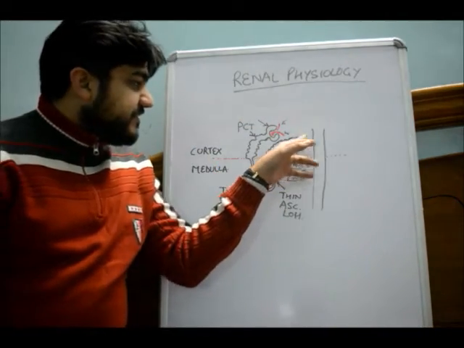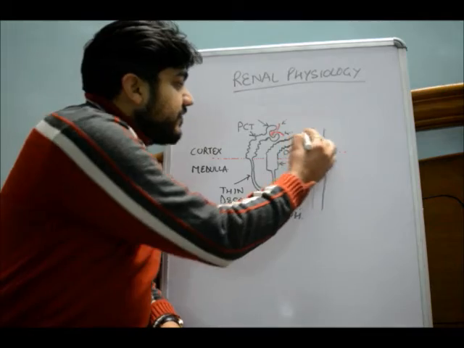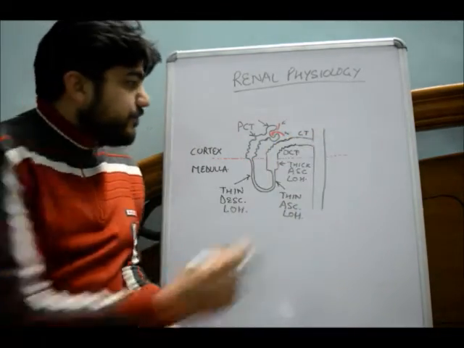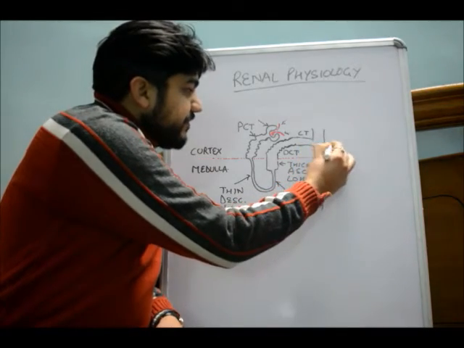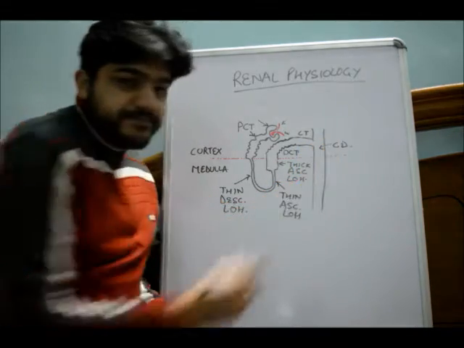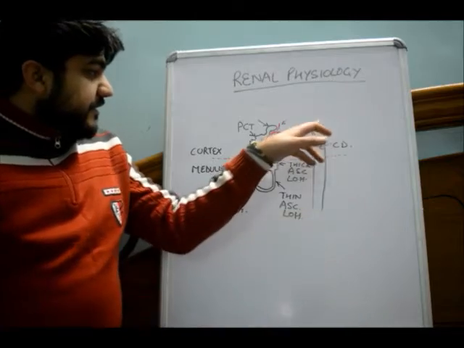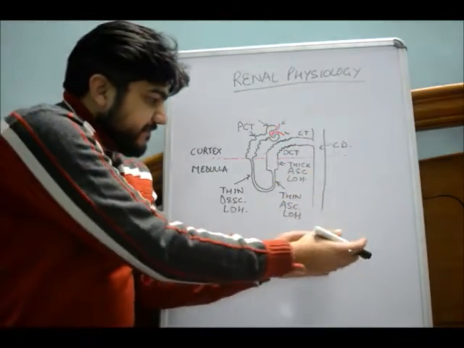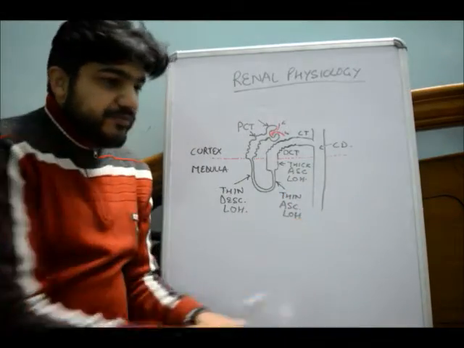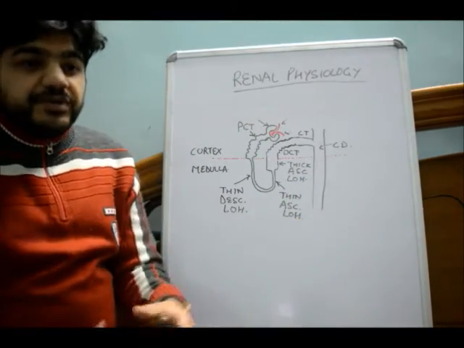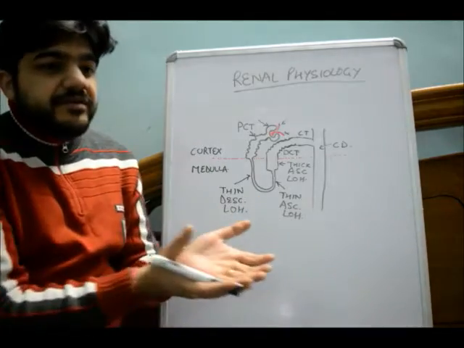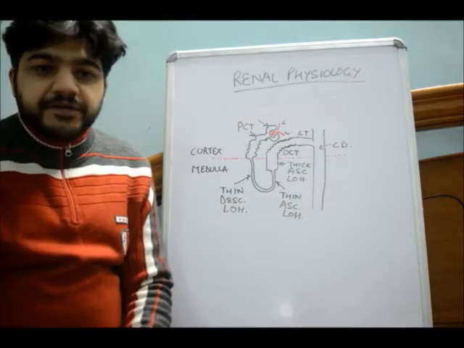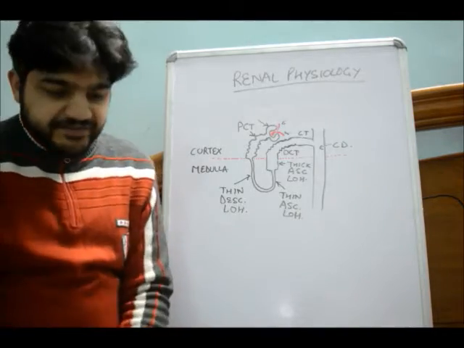Now this DCT converts into the collecting tubule, and finally it goes into the collecting duct. So many collecting ducts all over the kidney come together and open into the renal pelvis, from where the urine moves out, goes into the ureter and is finally excreted.